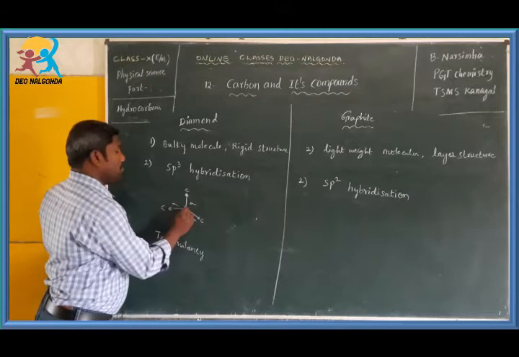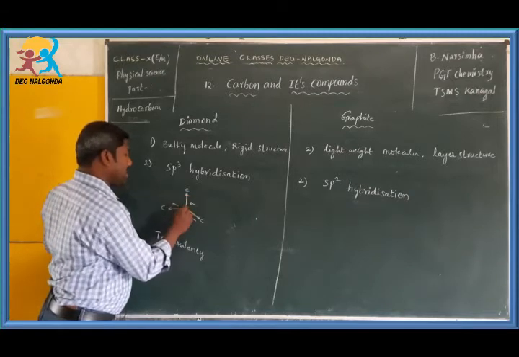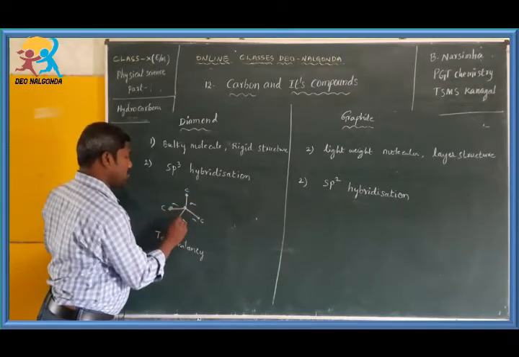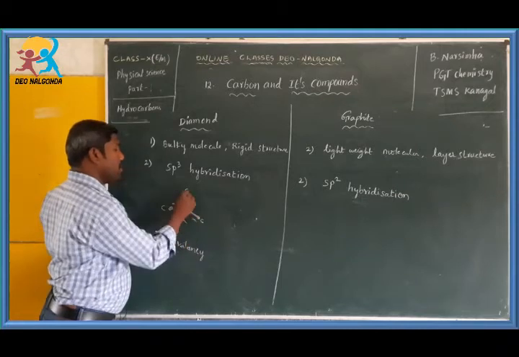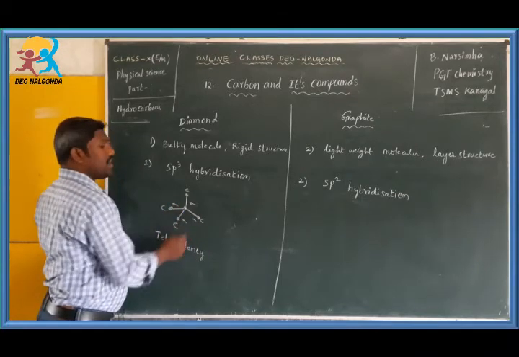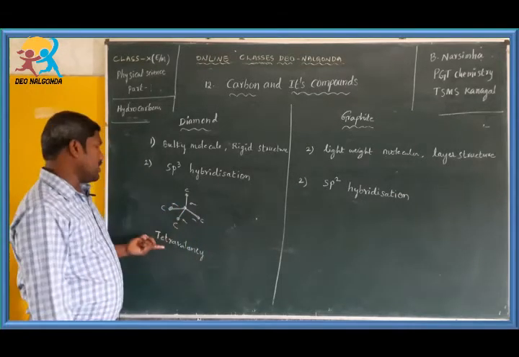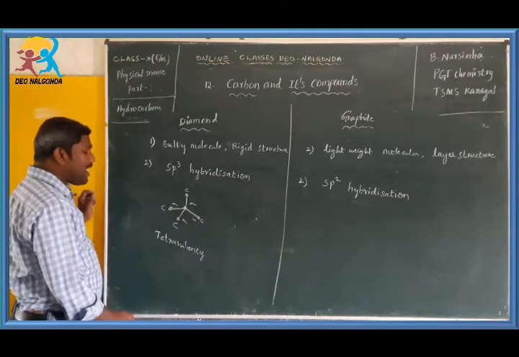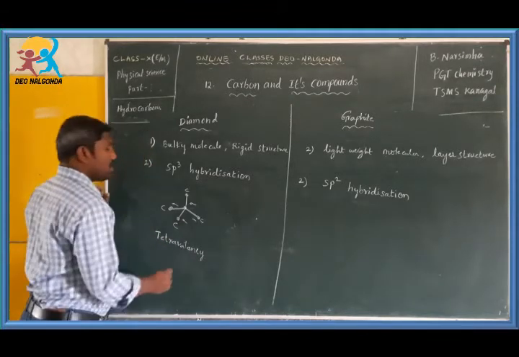Each carbon atom is bonded with 4 other carbon atoms. Therefore, this arrangement is called tetrahedral geometry.